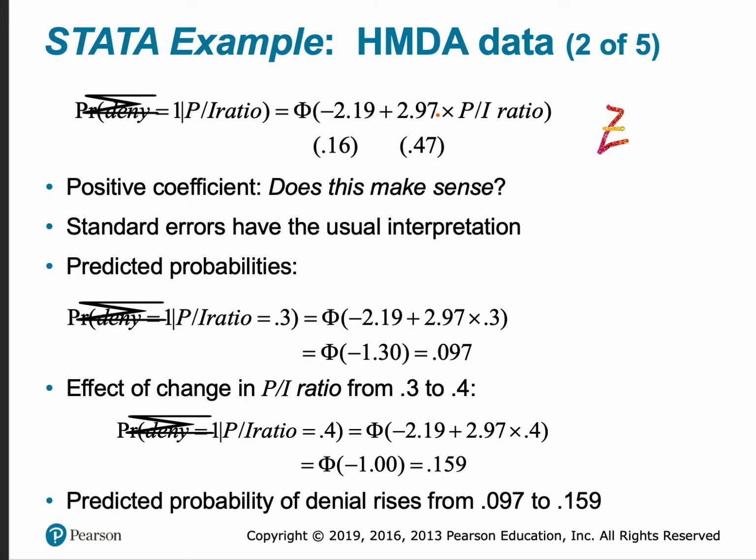And that's what you would expect because you're more likely to be denied if you have to contribute a higher proportion of your income to your mortgage payment.